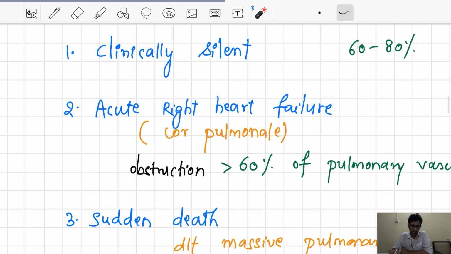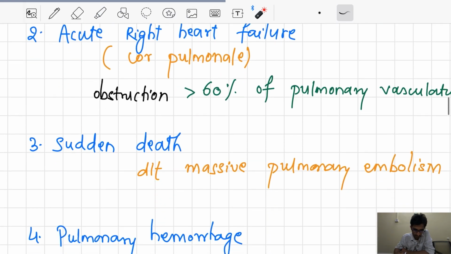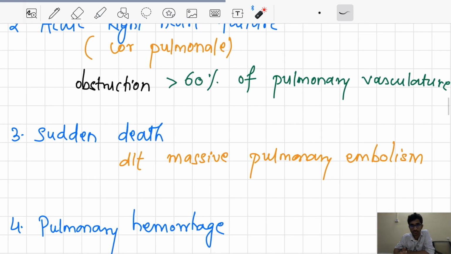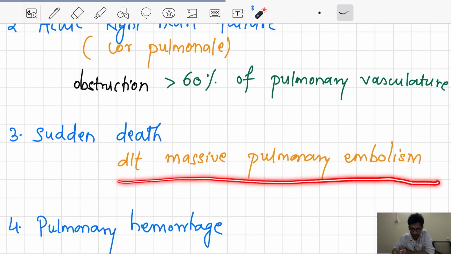Second thing which can happen is acute right heart failure, also known as cor pulmonale. It happens when the emboli obstruct more than 60% of the pulmonary vasculature. Third thing, as we have seen, is sudden death, and it occurs due to massive pulmonary embolism.